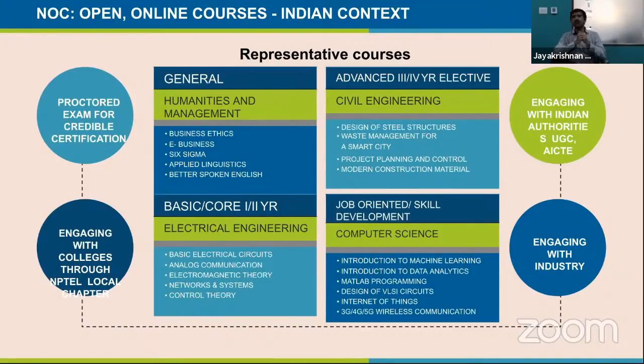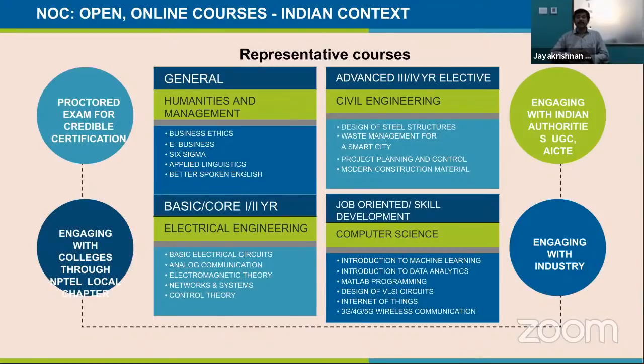Of course, it also gives them the feature of adding mentors to the students. So faculty from their colleges can be nominated as mentors for students. This allows the students to have more immediate help while they are learning from the NPTEL online courses.